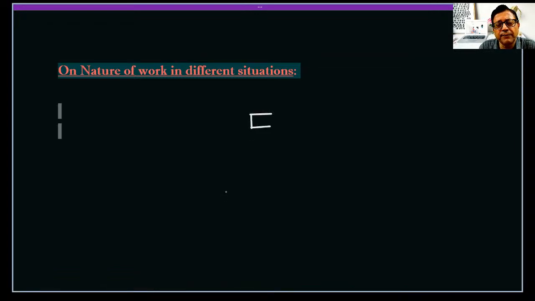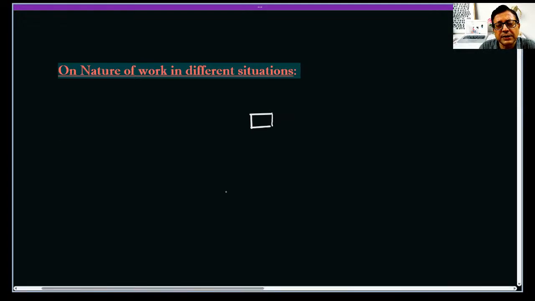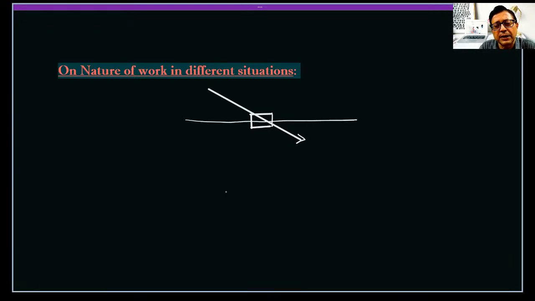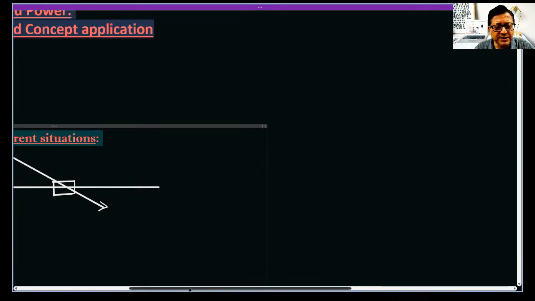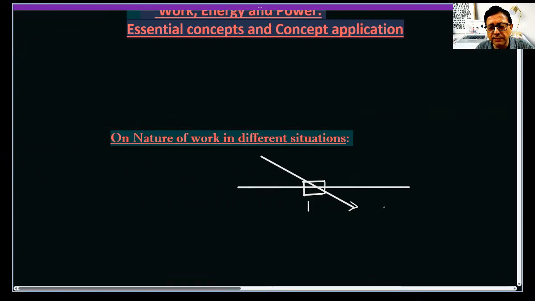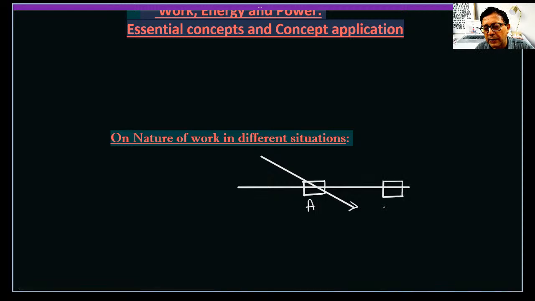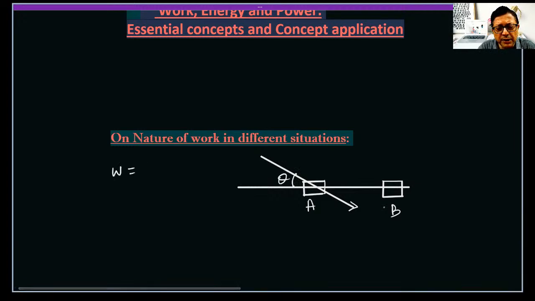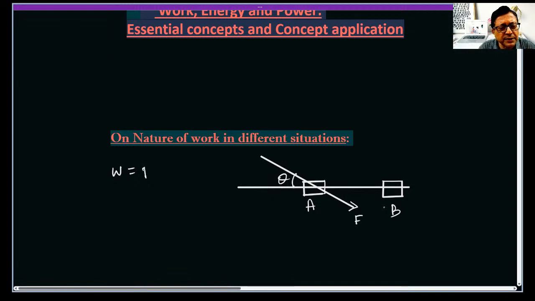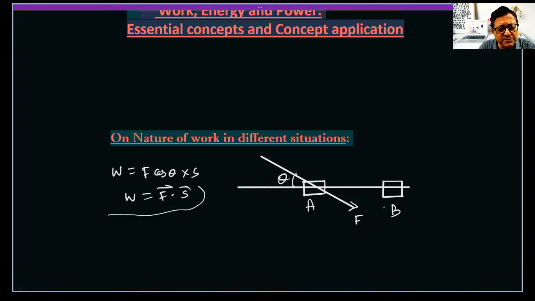So on an object, if a force acts at an angle theta, to displace this object by distance s, say from the point A to the point B, with this angle theta, you have seen that W equals the magnitude of force F cos theta into s, that is F dot s. The dot product between force and displacement vector is the work done.